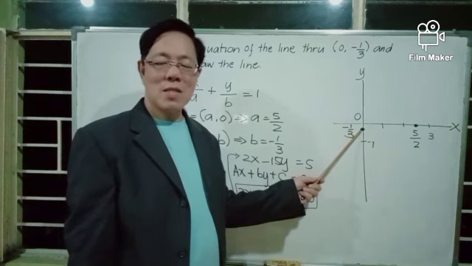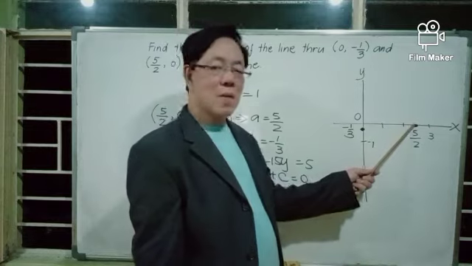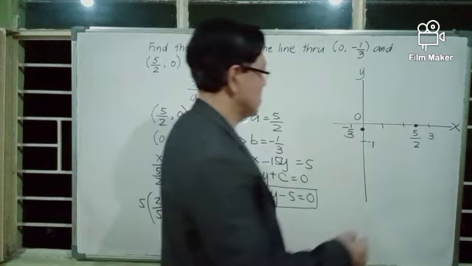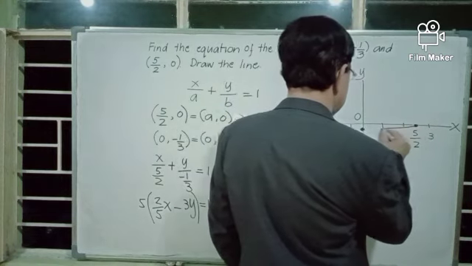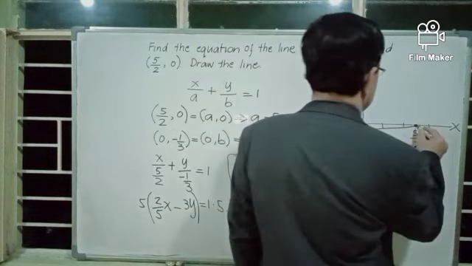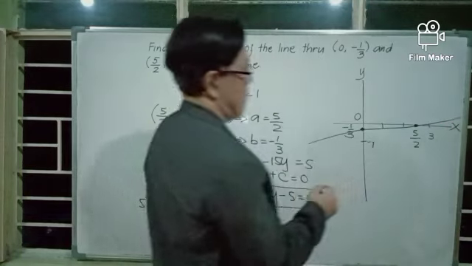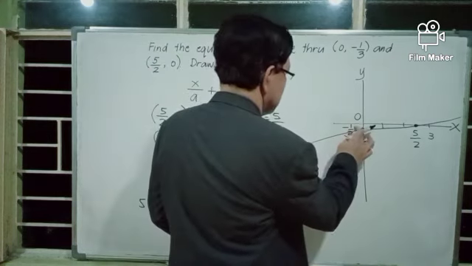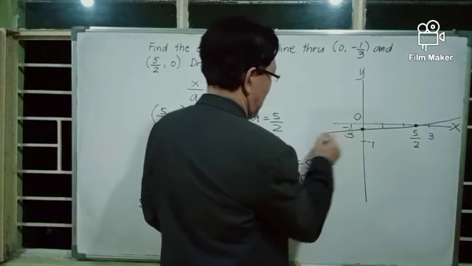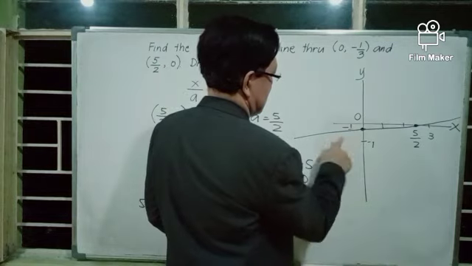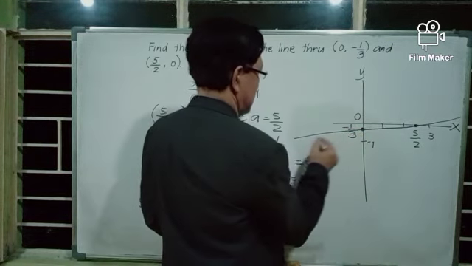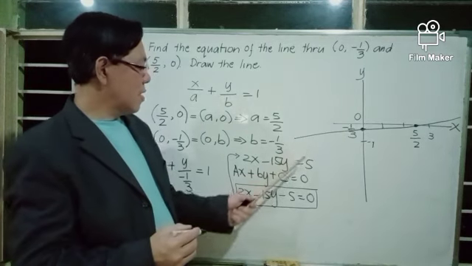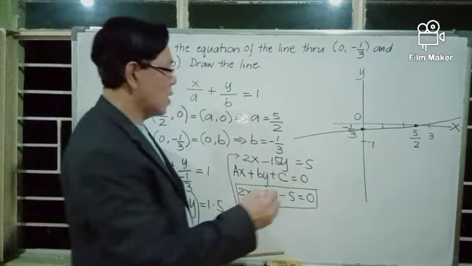Now, to draw the line, simply connect the intercepts, the x-intercept and the y-intercept, with a straight line. And this is the graph of the equation 2x minus 15y minus 5 equals 0.